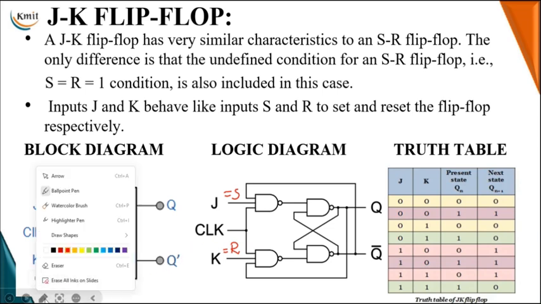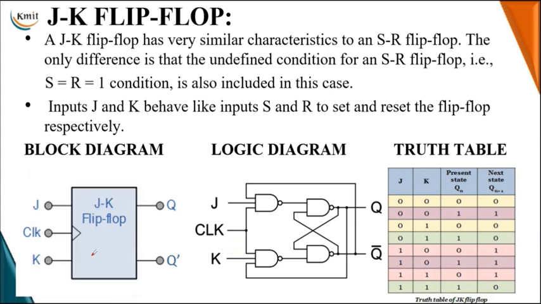Now we are going to learn about the difference between SR and JK, which is due to the J and K inputs and the invalid state. Here let me apply the J input equal to 1 and K input equal to 1. A small modification has been done in the logical diagram.